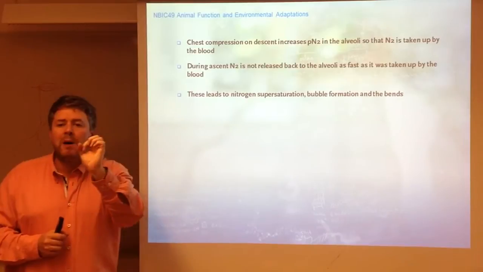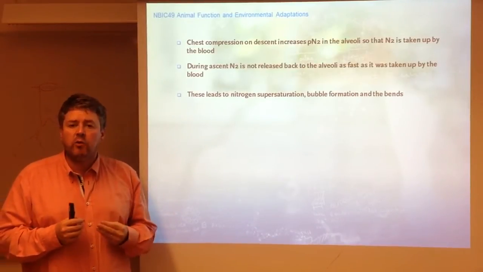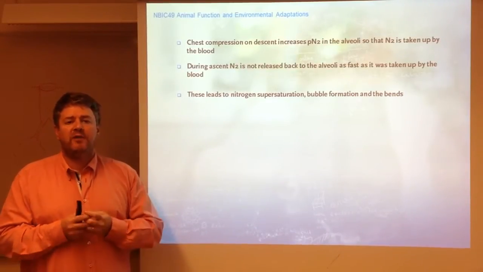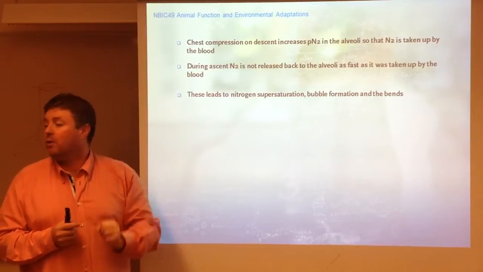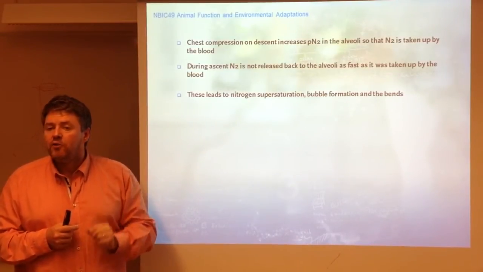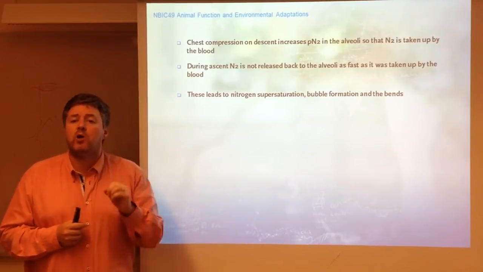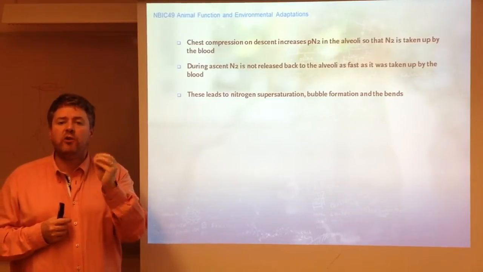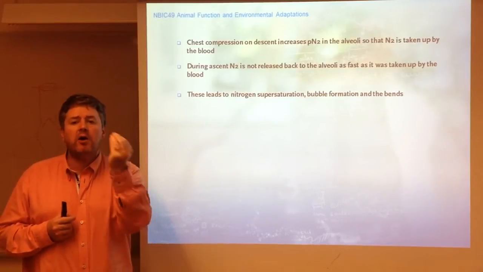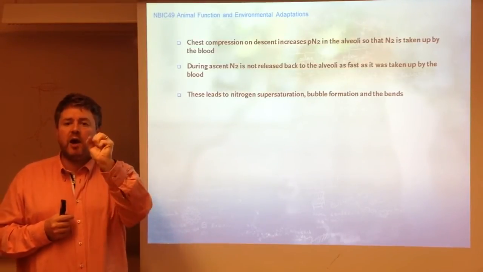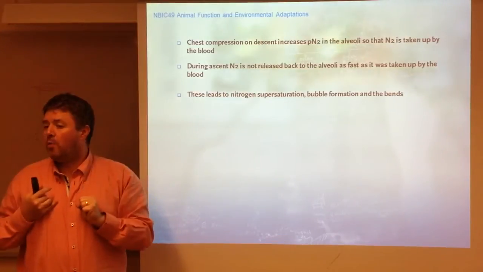And these small bubbles that form in the tissue, if they get trapped in the capillary bed, will occlude blood flow. So this is a situation of microemboli. Embolization means air in the cardiovascular system, air in the blood vessels that are preventing flow through that blood vessel.